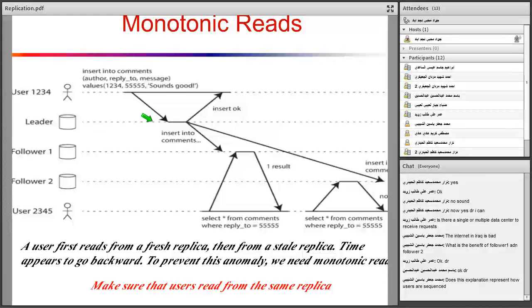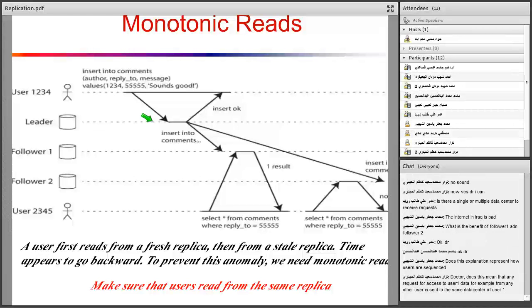Mohammed Jafar asked, does this explanation represent how users are sequenced? No, this is different, Mohammed. The challenge of replication is related to the network, to the bandwidth, to the links between the machines, and these metrics can change over time.